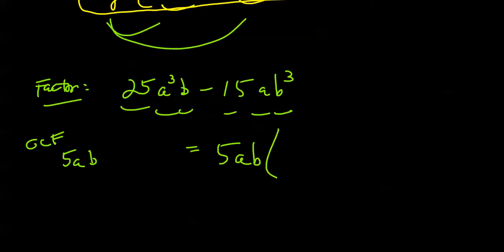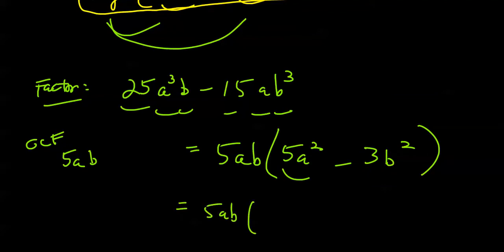What's left inside? Well, let's see. I believe it's 5a squared left in this first slot, minus 3b squared in the second slot. All right, let me rewrite this: 5ab times (5a squared minus 3b squared).